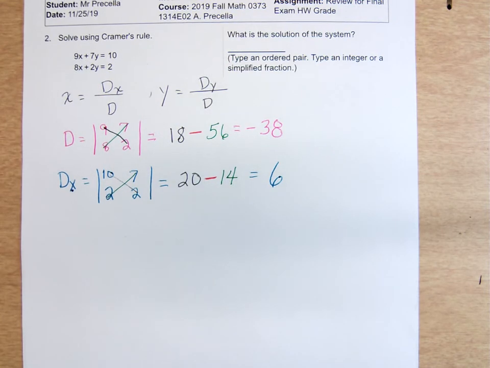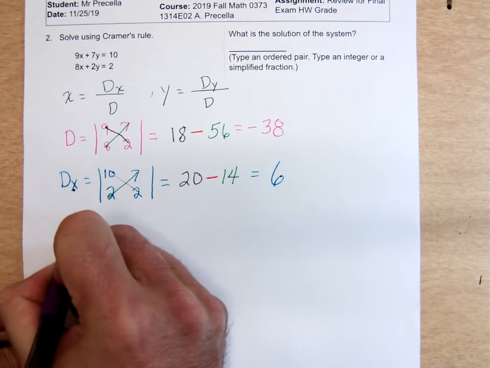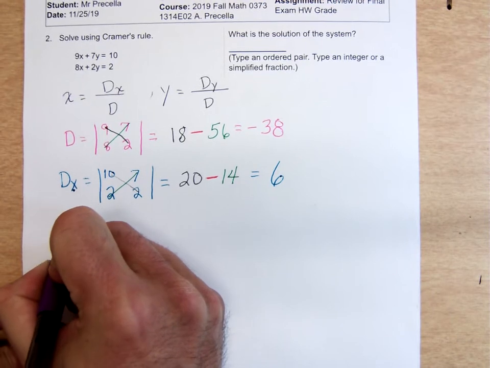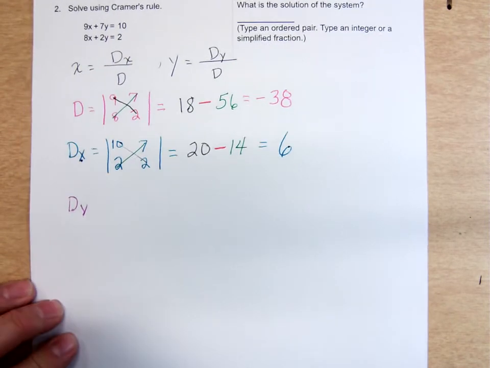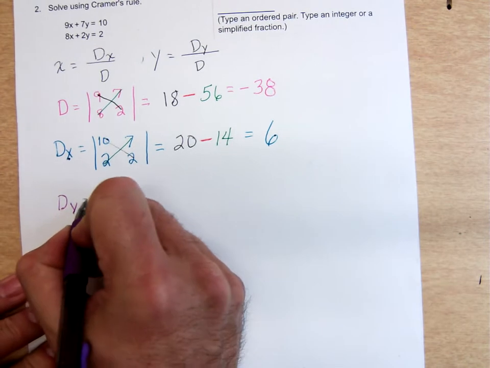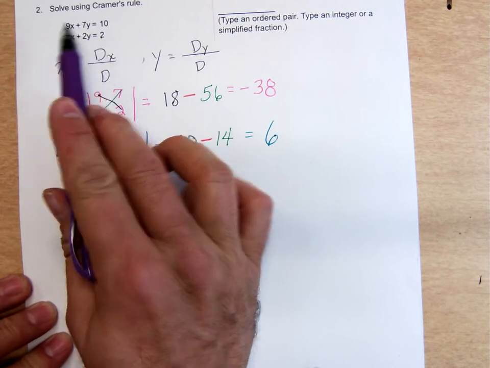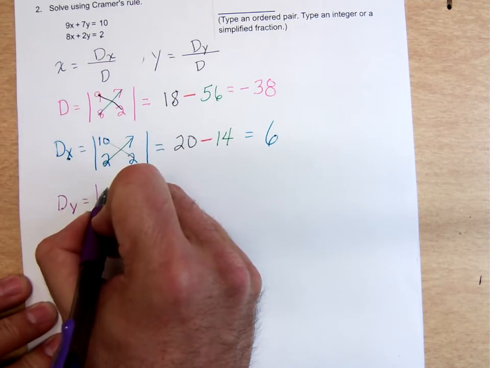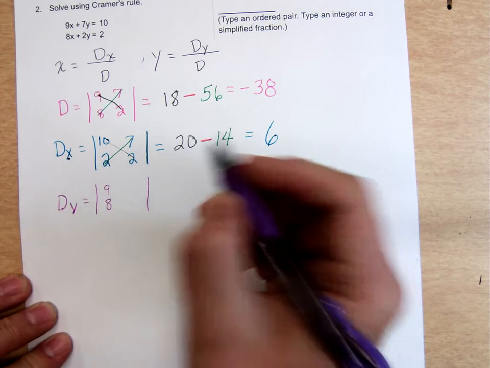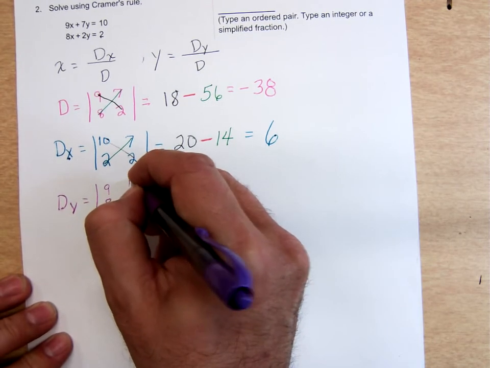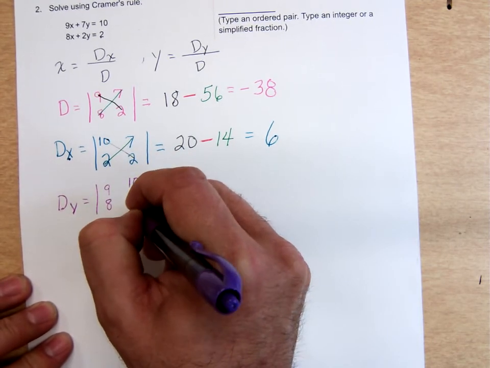Do the same thing for dy. So dy, or d subscript y. Maybe I better lift it up a little. I'm replacing the y column with the 10 and 2. The x column stays 9 and 8. The y column is the one that's replaced with the 10 and the 2.